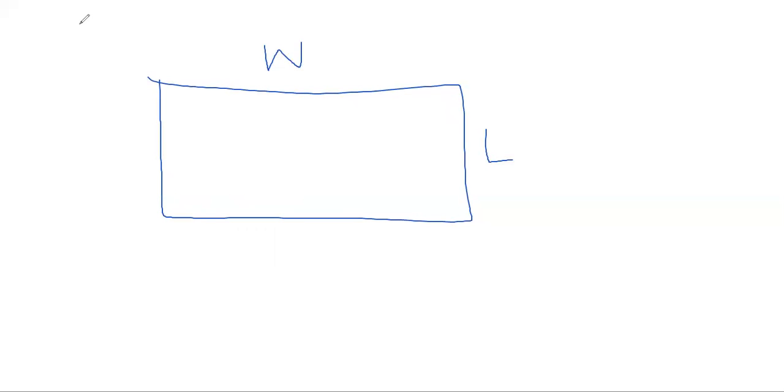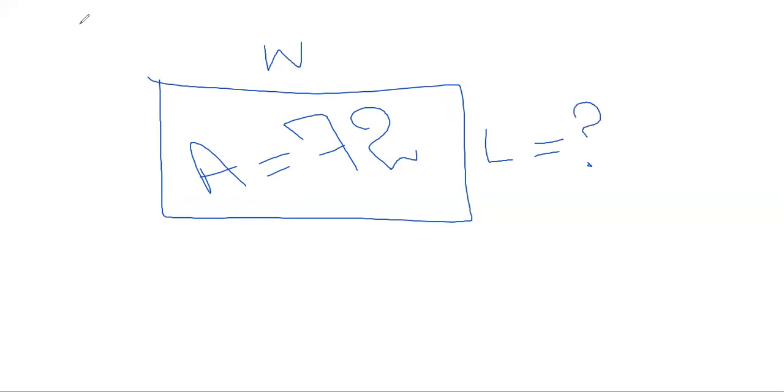The area of the rectangle, this region, is 72. What we are looking for is the length of the rectangle. Can you solve this? Please go ahead. Make use of paper and pen.